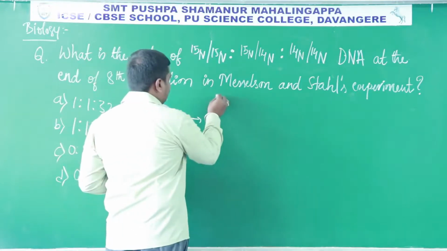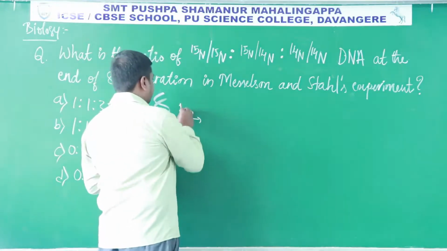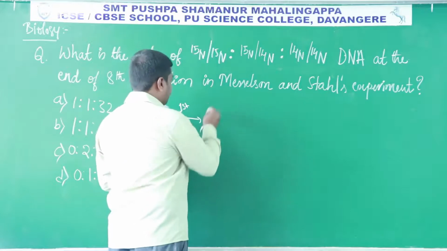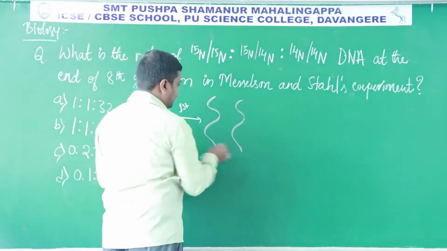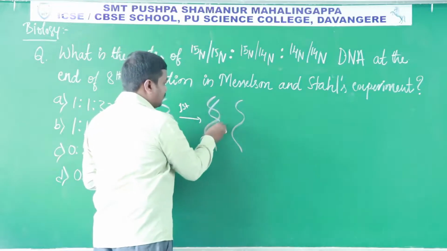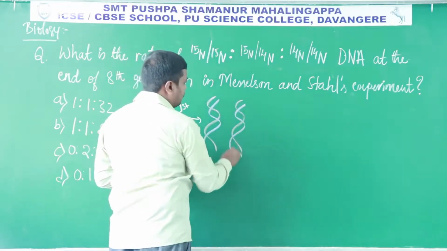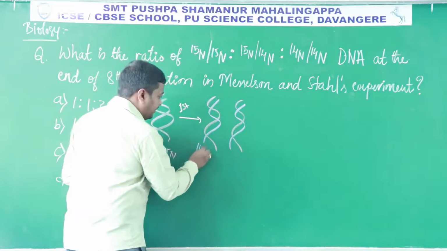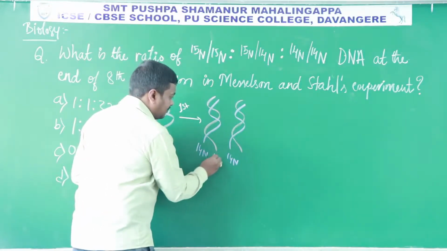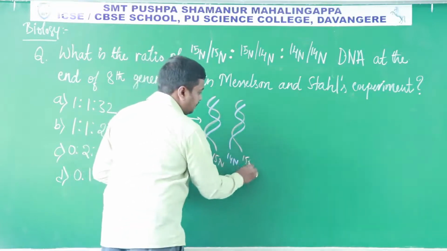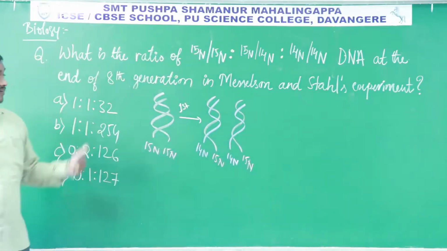So in the first generation, what did he get? These two strands of DNA are separated. A new strand is synthesized, which contains 14N, and this is the parent strand, 15N. So this is the result he got in the first generation.